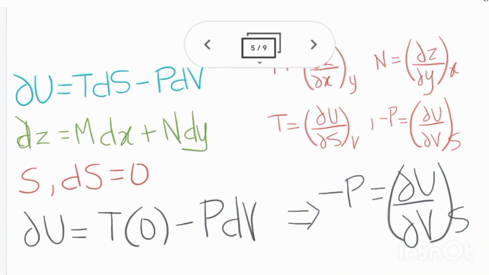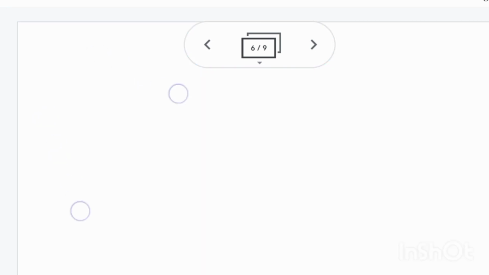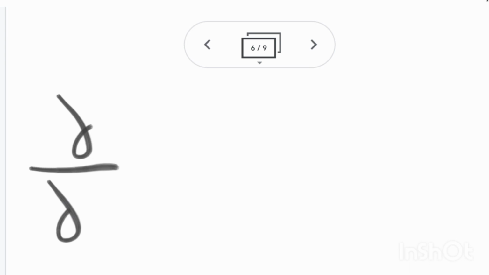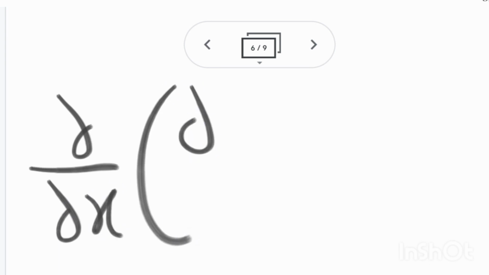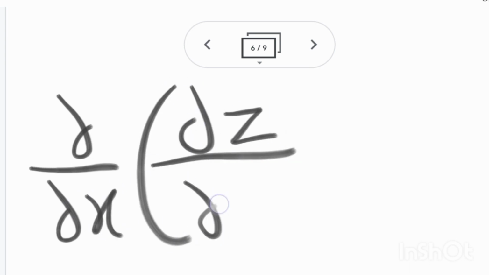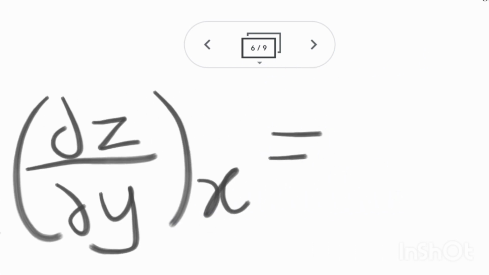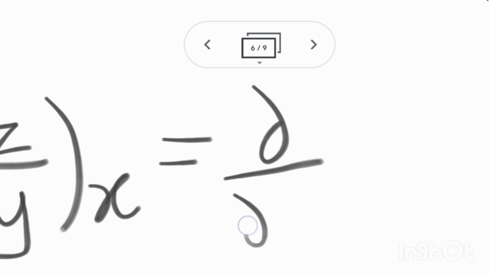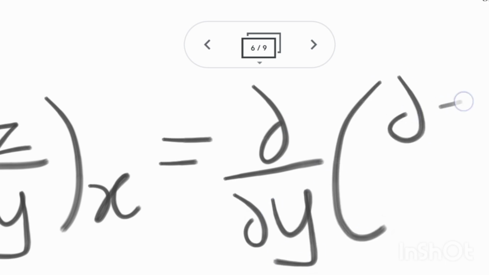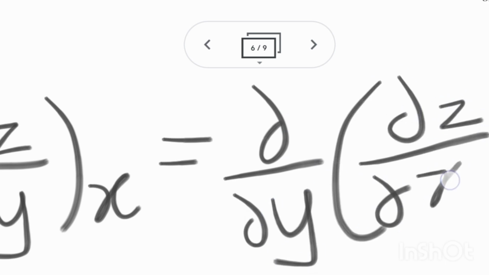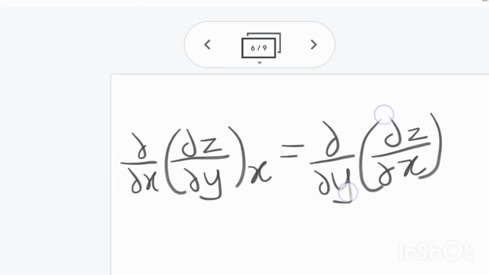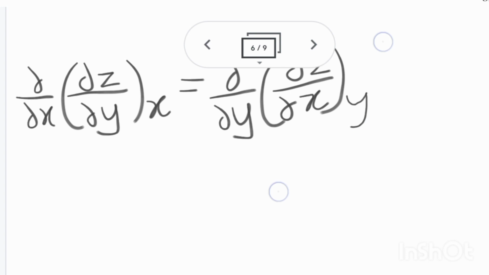Okay, so as I said before, in an exact differential, you'll have ∂/∂z(∂x/∂y) at constant x equal to ∂/∂y(∂x/∂z) at constant y, right?